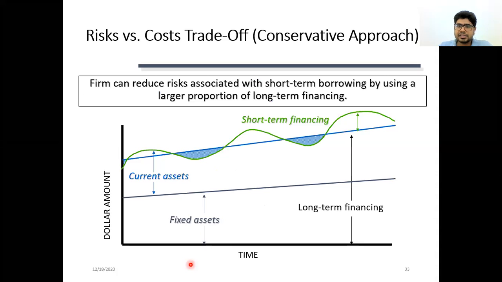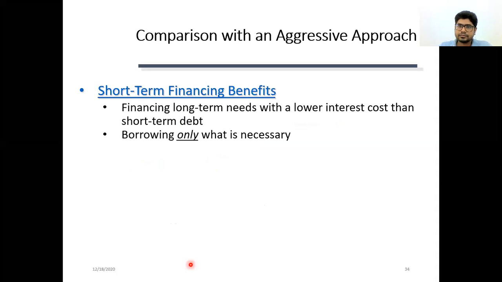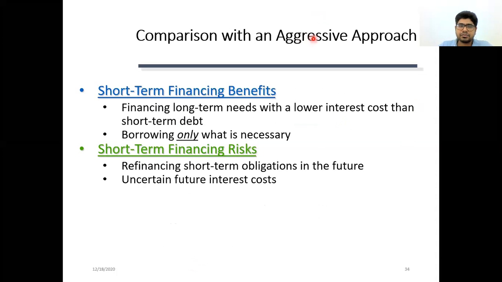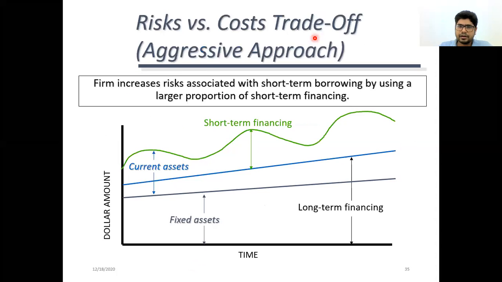And the next approach is the aggressive approach, the third policy. They are maintaining a very low level of current assets. Here in the graph, we can explain it like this.